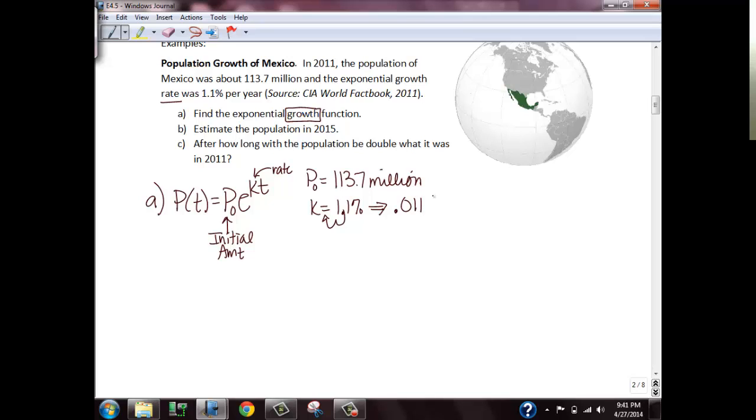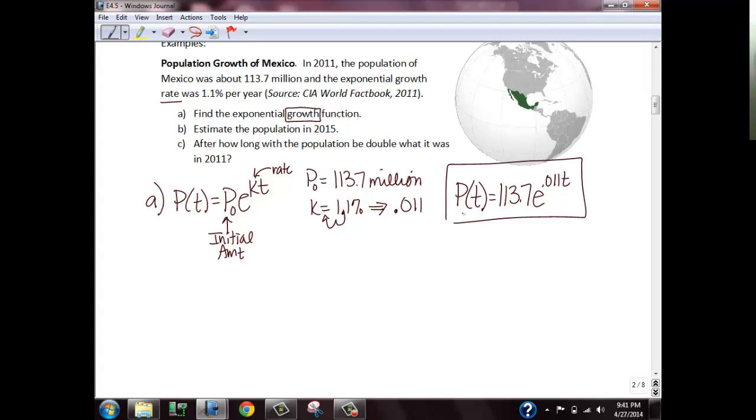Now I just want to rewrite this function. So our exponential growth function looks like P of t, or our population at time t, is equal to our initial amount, 113.7, times e to our k, which is 0.011, times t. If we have any time, we can plug it into this and figure out what the population of Mexico should be.